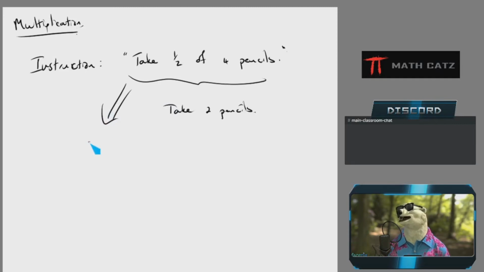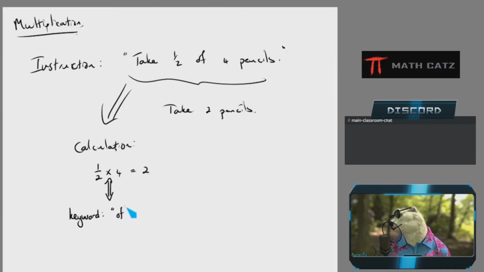Now the corresponding calculation to take a half of 4 and give me a 2 is, of course, a half times 4 equals 2. So this multiplication operation has a key word that helps me intuitively understand what the instructions are. And that key word is of.